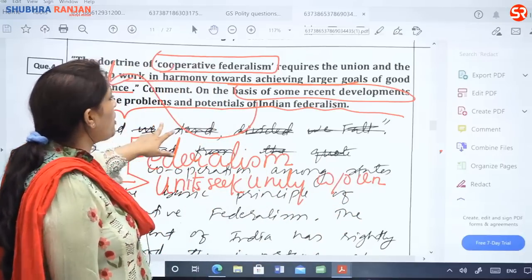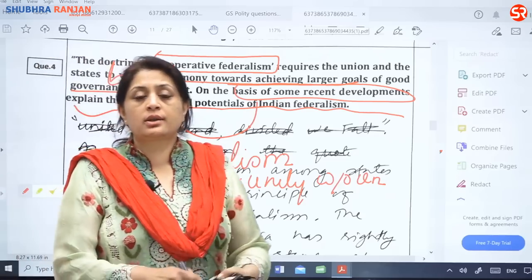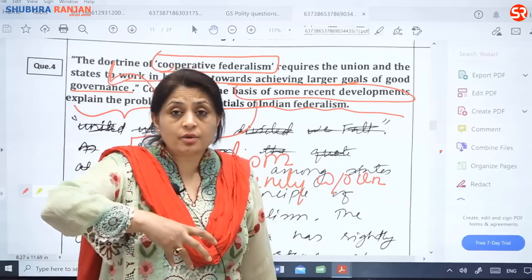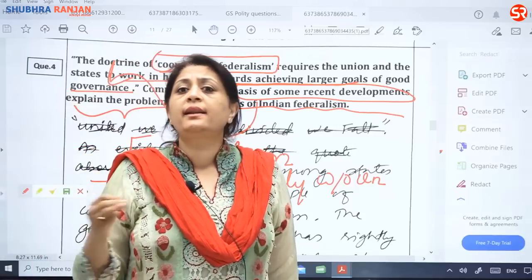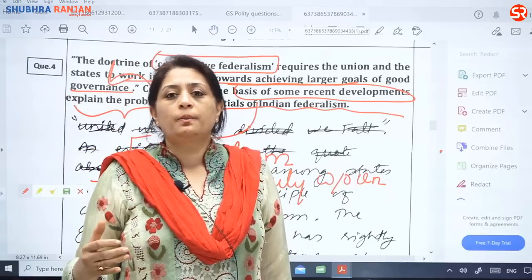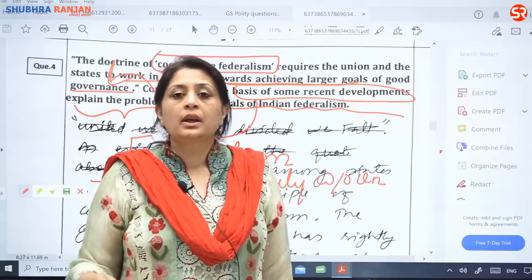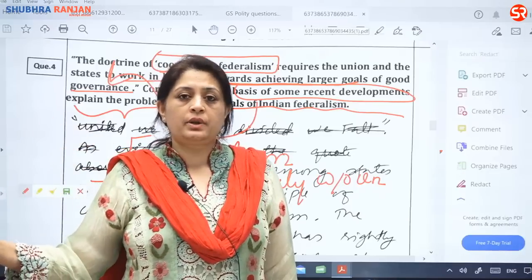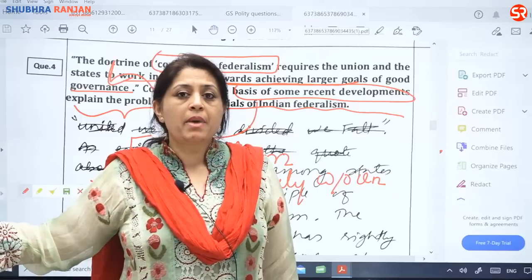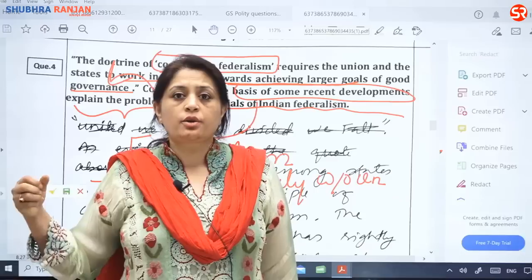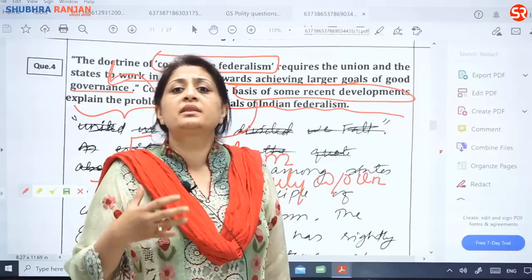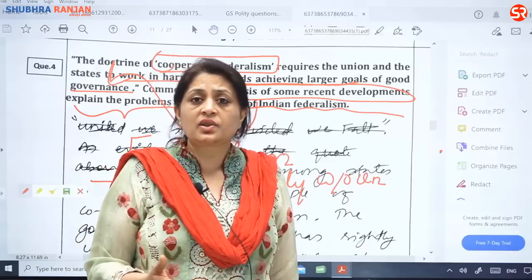Now what are the problems and the potential? The potential is very huge, because there is a rationale why we adopted cooperative federalism: there is poverty, there is regional imbalance. In cooperative federalism the center has a dominant role, and India faces insurgencies and secessionist trends.